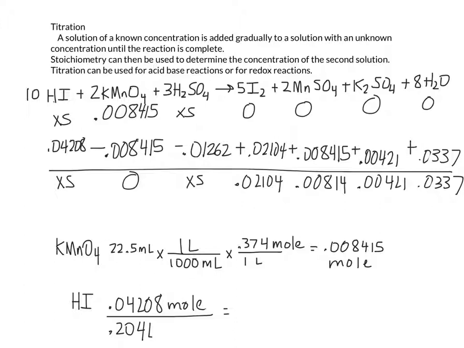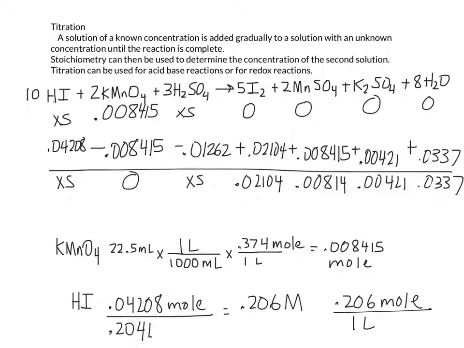So if I take 0.04208 moles divided by 0.204 liters, that would tell us that the concentration of the hydrogen iodide was 0.206 molar, or 0.206 moles for every 1 liter.